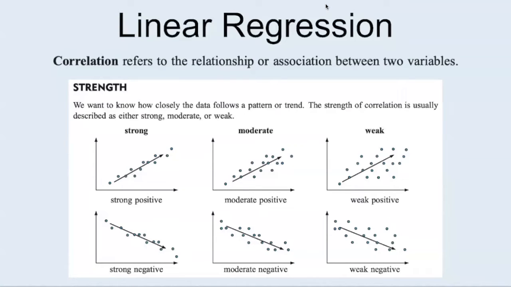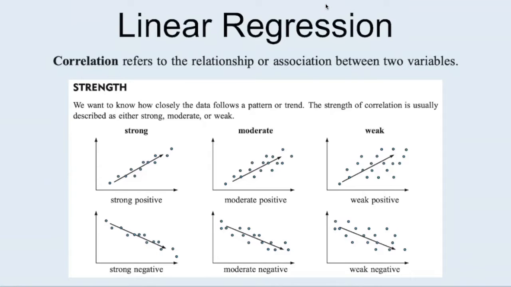Now, depending on how closely those points line up, you can have something that is a very strong correlation or weak correlation. It could be positive or negative.